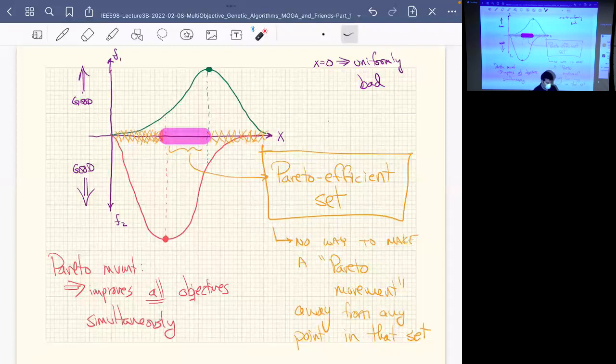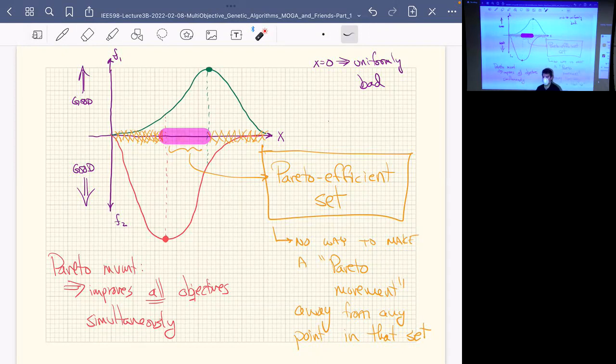If your society sits over here, that means there is a way for someone, the government or whatever, to make things better for everybody. We do not want to live in a society where things could be better for everyone if we all just changed. We want to live in a society where the only way things are better for someone is if they're worse for someone else. That sounds a little bit bad, right?